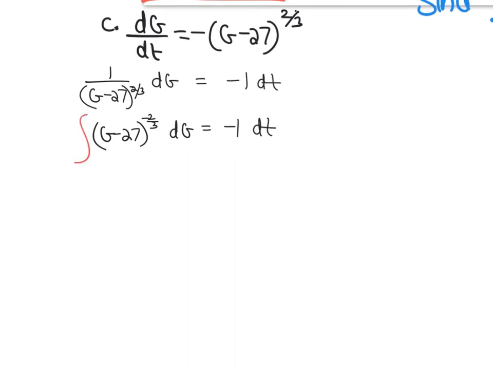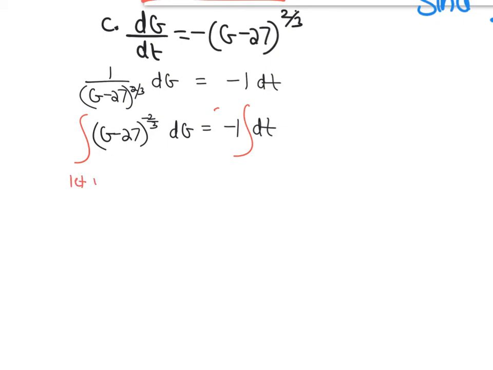So to work backwards, we are going to integrate. Notice I kicked that -1 out front. I'm just going to leave that there. On the left-hand side, technically, you have G minus 27 as your inside function, so we do need to use u substitution. I know the derivative of that is 1, but I'll still go ahead and show you that.